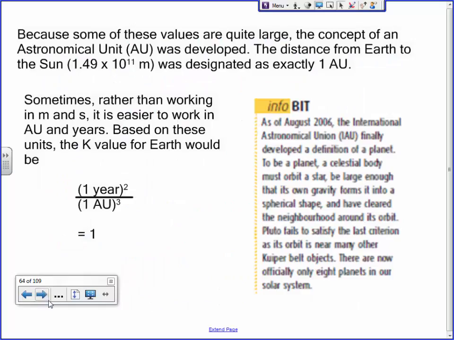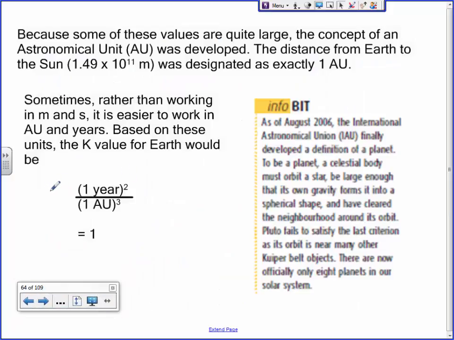So, basically the idea then is if you want to try to find the k value, it was period squared over radius cubed. It's really easy then to work with years and astronomical units. Because how often does the Earth go around the sun? Well, 1 year. Right?